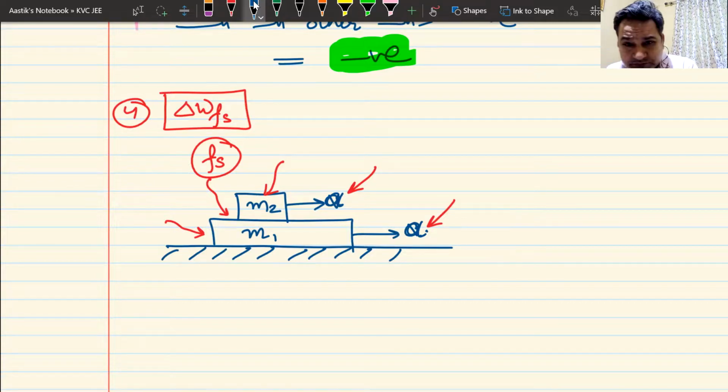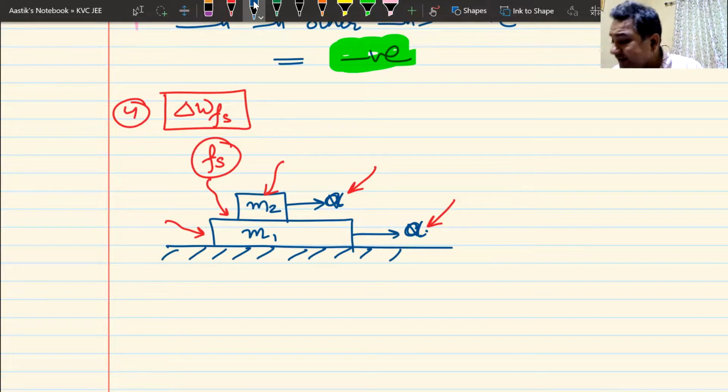Whatever force is acting on block 1, same force is acting on block 2. If the force on block 1 is leftwards, force on block 2 would be rightwards, same forces, and the displacement would be same because they have the same velocities and same acceleration.